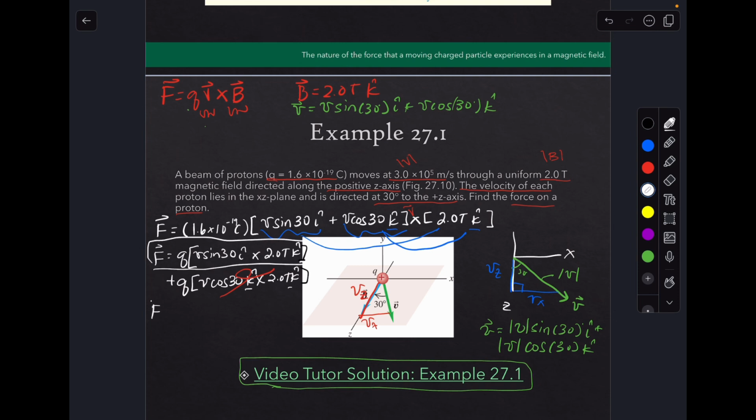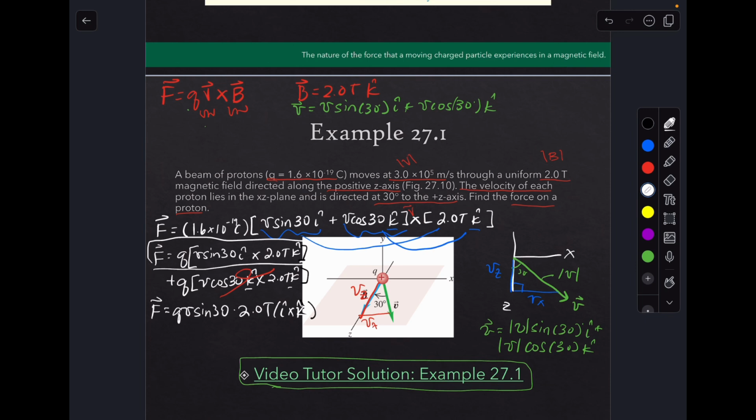So the force is going to be Q V sine 30 times 2 Tesla, I cross K. You can look up in chapter 1 what I cross K is.